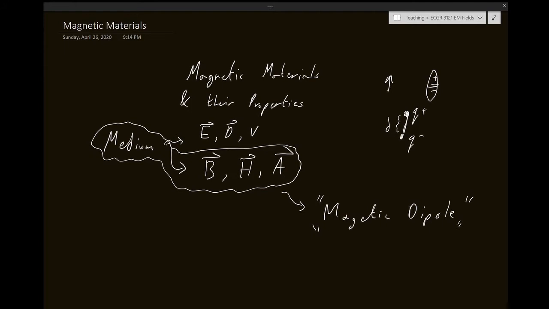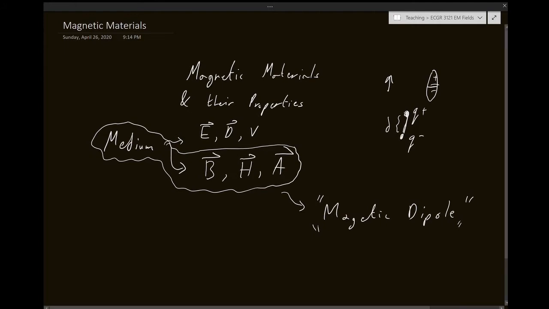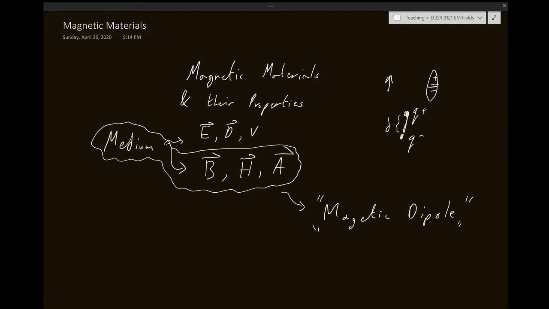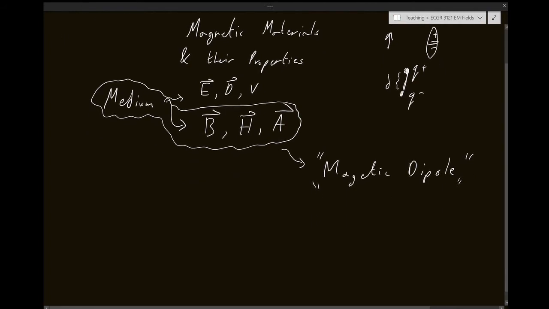Defining the magnetic dipole. What is the magnetic dipole and how does it relate to the electrical dipole? The concept in magnetism is, ultimately we took the electrical dipole and we used it to define polarization.